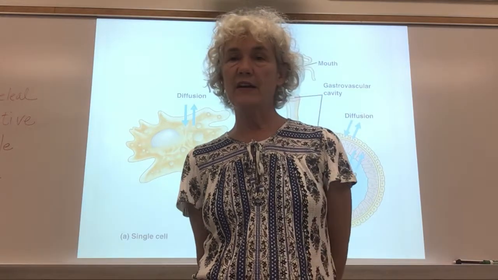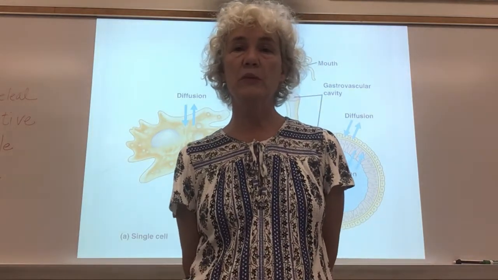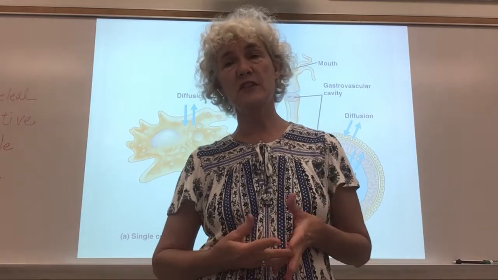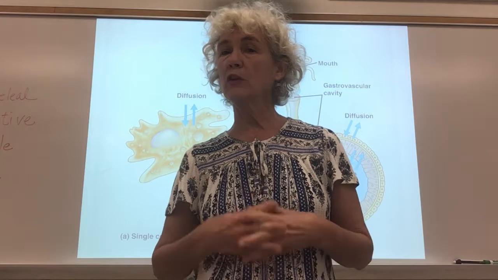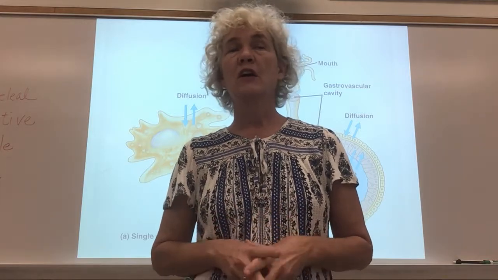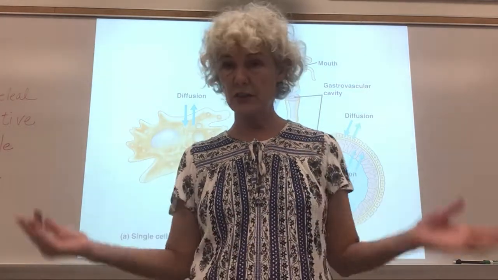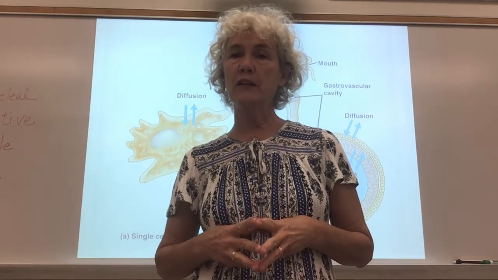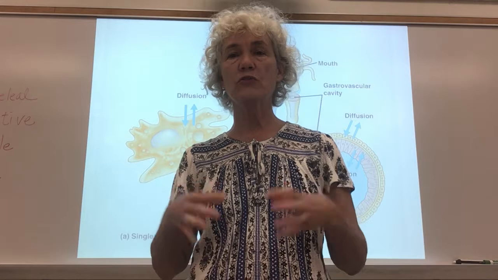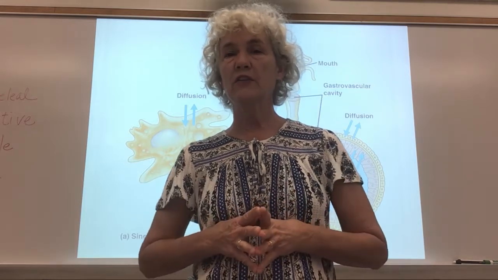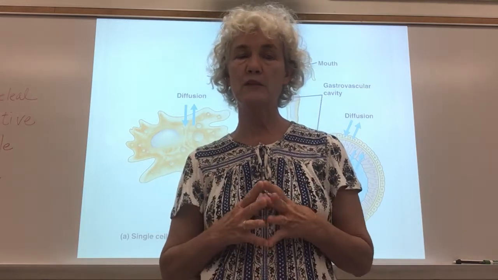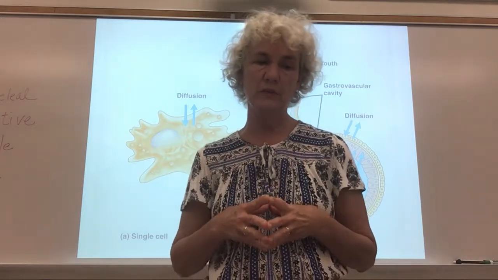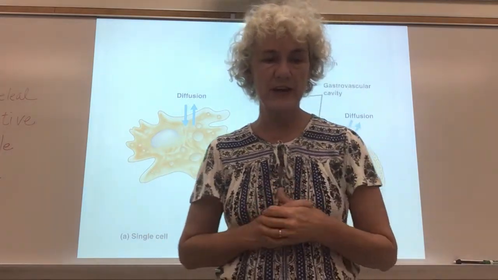Related to that is the surface area to volume ratio that we talked about in Core 1 in regards to cell size, remembering that larger cells have a much smaller surface area to volume ratio, meaning they have a harder time getting things in and out of the cell and distributed throughout the cell, because their volume is much greater compared to their surface area.